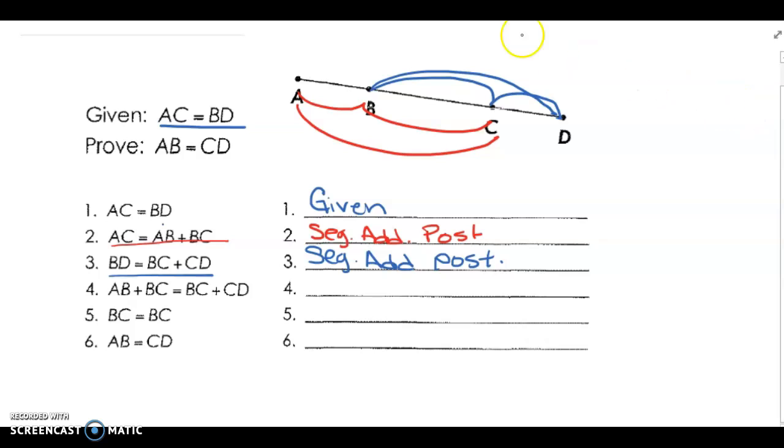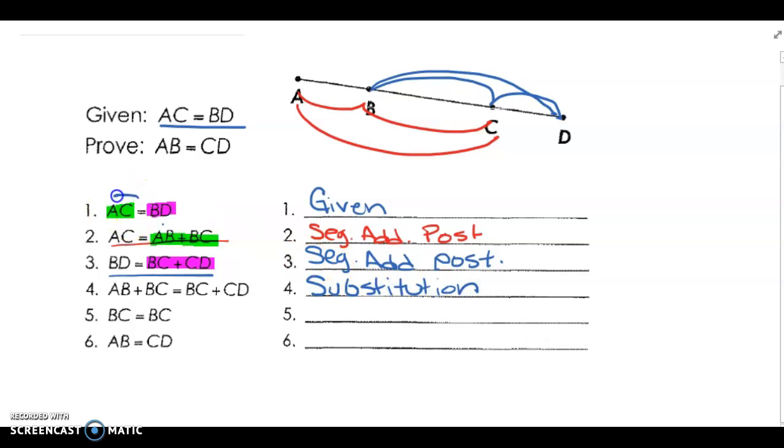All right, now we're going to kind of look at 2 and 3 together. Okay, so if I look at AC, doesn't AC equal AB plus BC? And if I look at BD, doesn't BD equal BC plus CD? So what I'm going to do is substitute here.